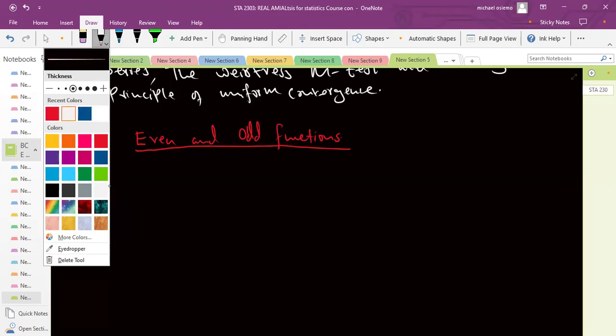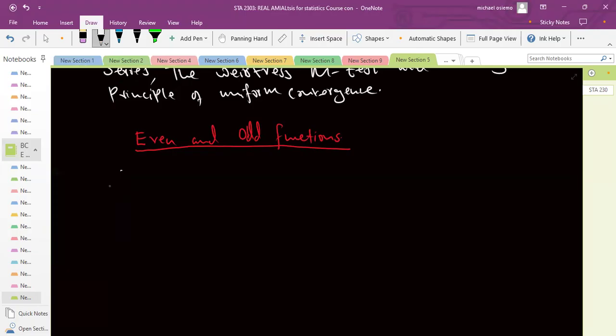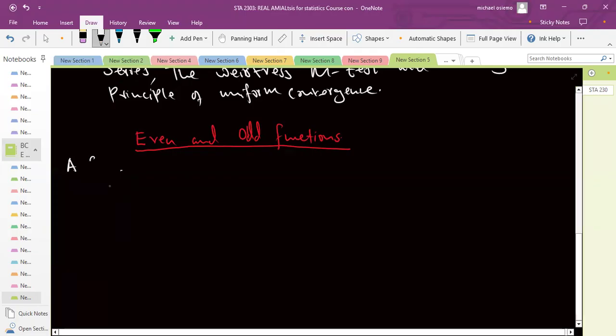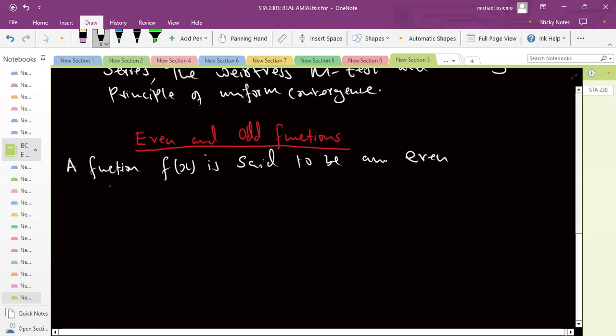We say that a function f of x is said to be an even function if f at negative x is equal to f at x.